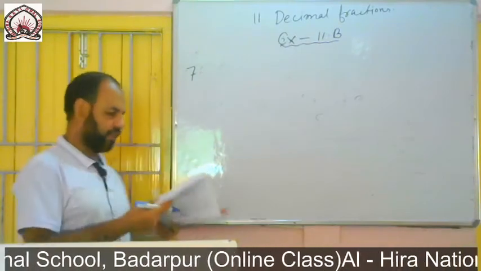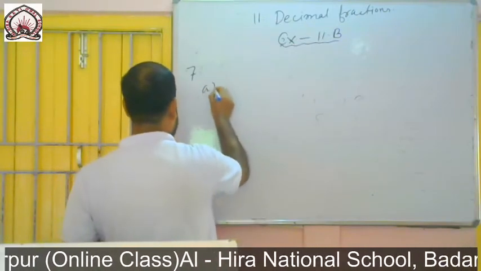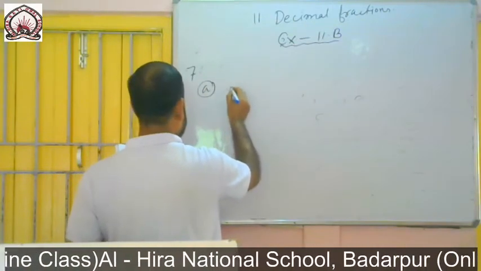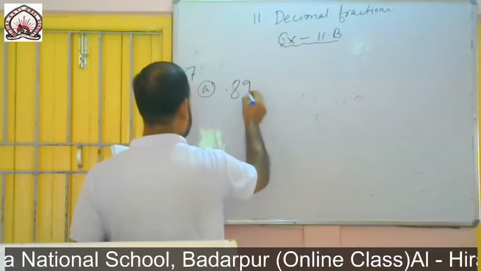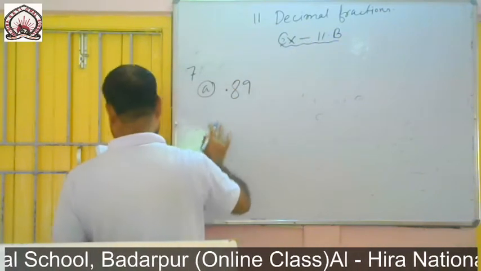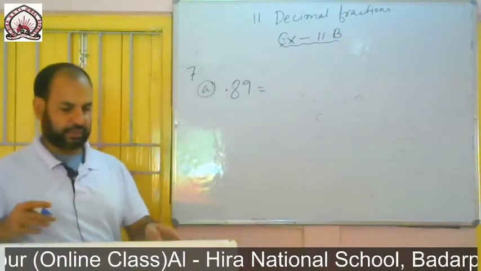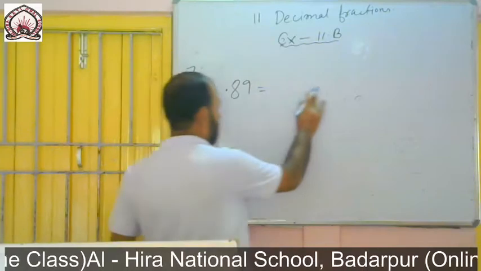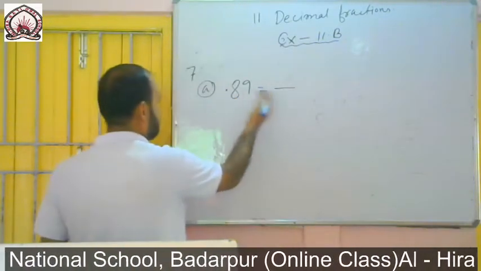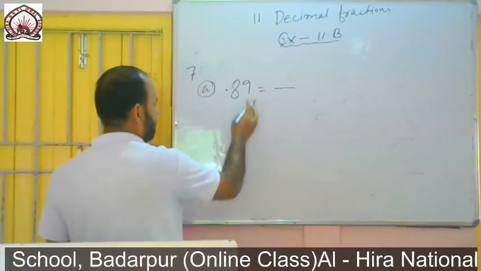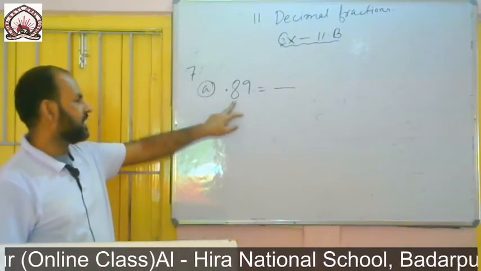So question number 7a, 0.89. We write 0.89 in expanded form. How do we write it? Both digits, 8 and 9, are after the point. That means 8 is in which place?